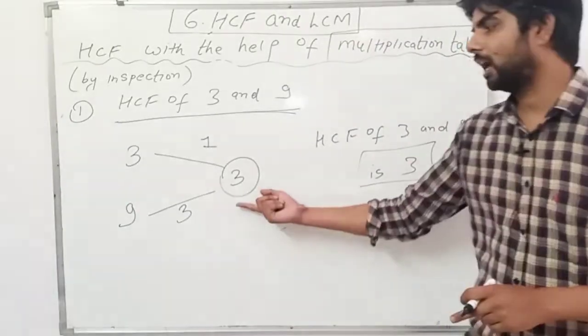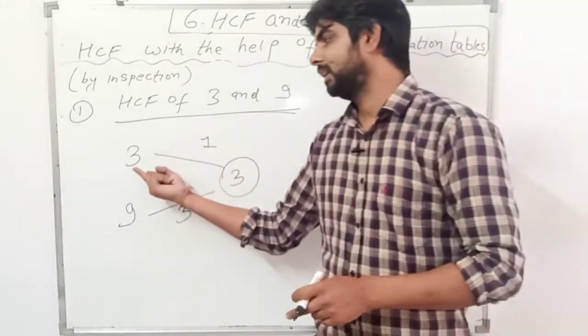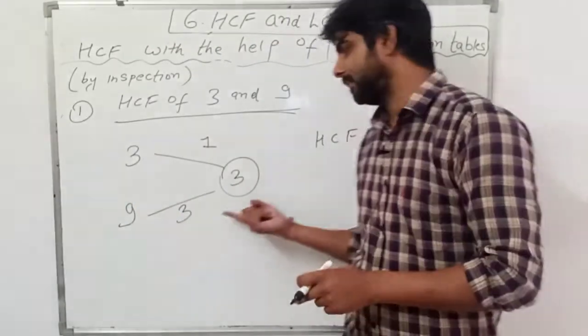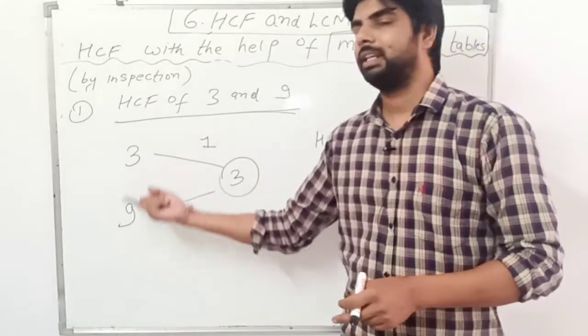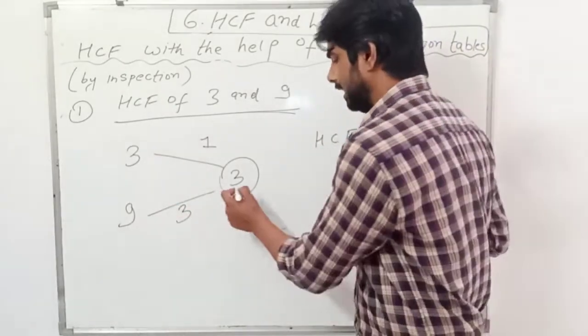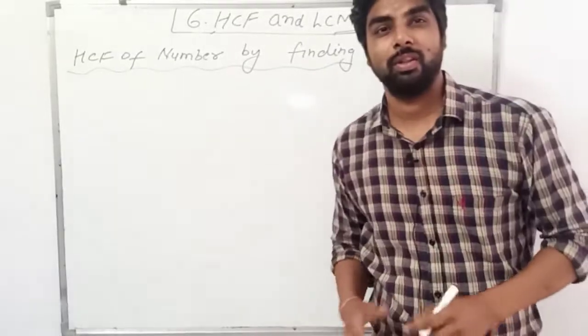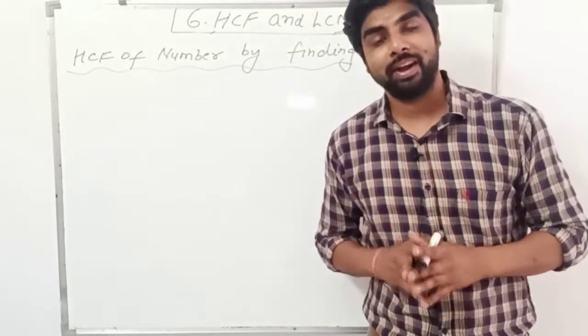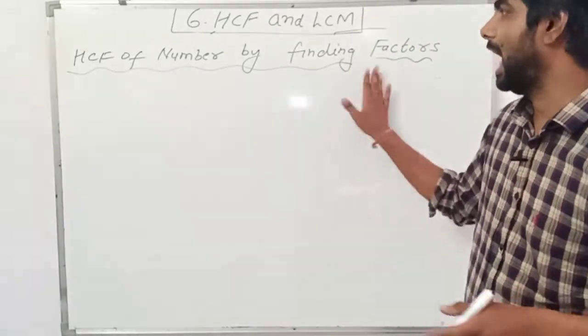But after the table of 3, there is no number that can divide both 3 and 9. That is why 3 is the highest number which divides 3 and 9 exactly. That is why 3 is our HCF.